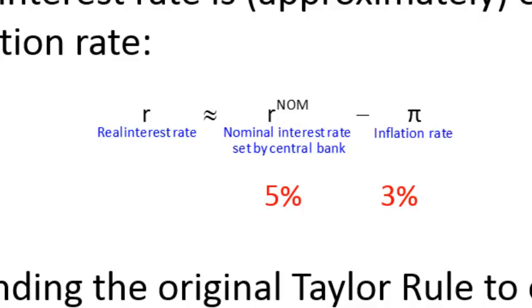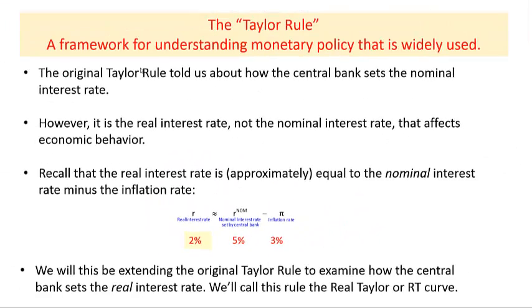So if the nominal interest rate is 5%, but the inflation rate is 3%, the real interest rate is about 2%. So we're going to be extending the original Taylor rule to examine how the central bank sets the real interest rate. That's the rate that affects economic behavior. And we're going to be calling this rule the RT, or real Taylor, curve.